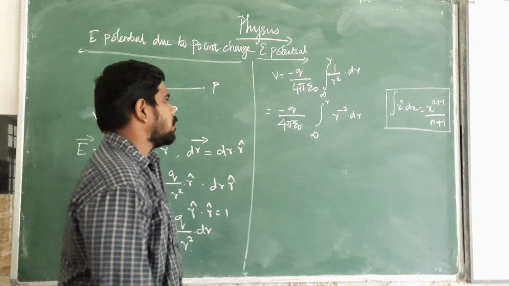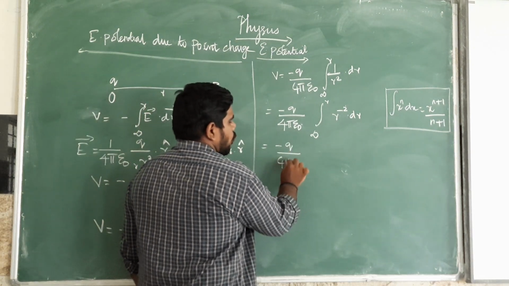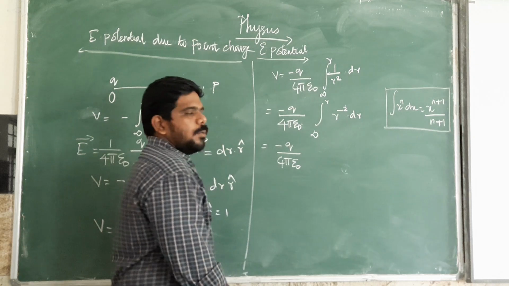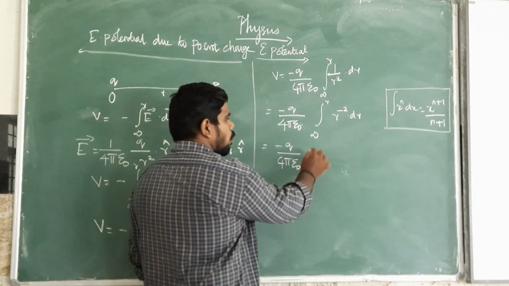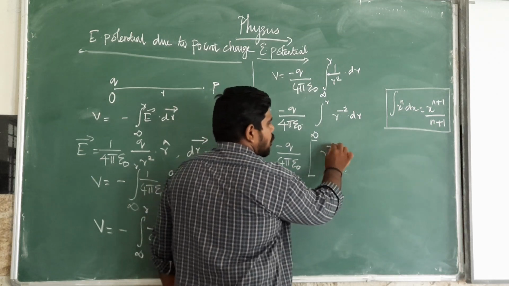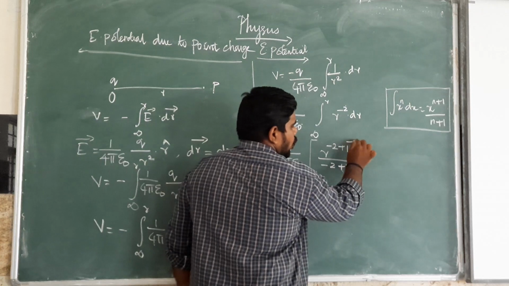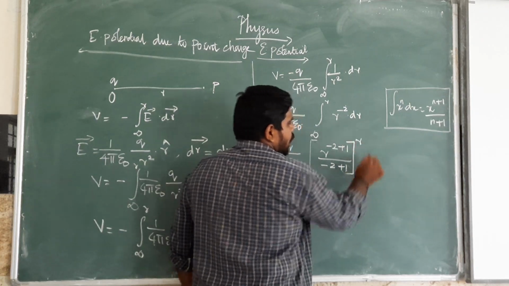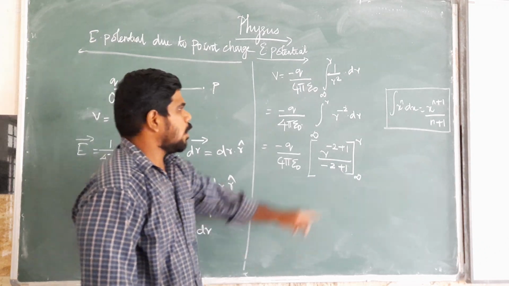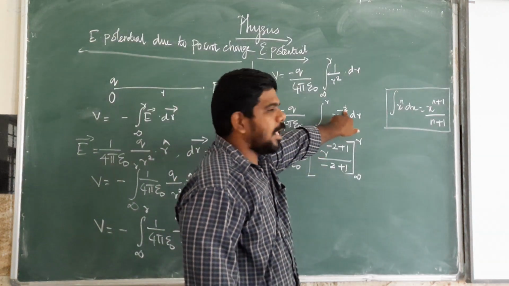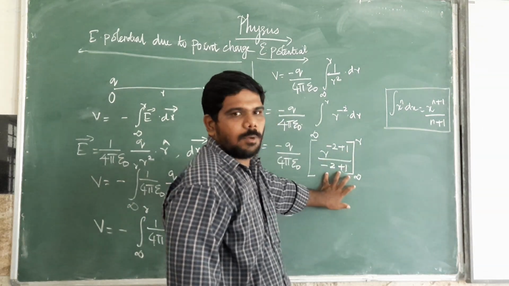What's the formula? Integral of x power n into dx is equal to x power n plus 1 by n plus 1. So if you substitute the formula, we get minus q by 4 pi epsilon 0 into r power minus 2 plus 1 by minus 2 plus 1, from the limit infinity to r. Okay, clear?